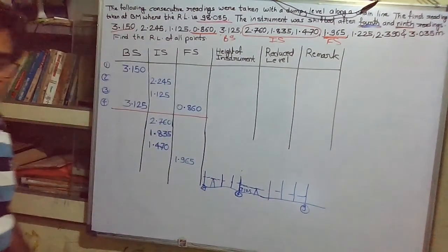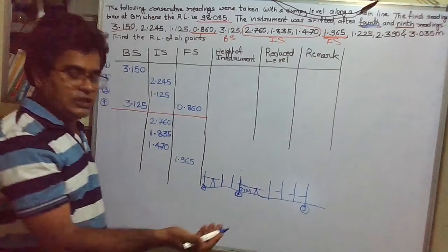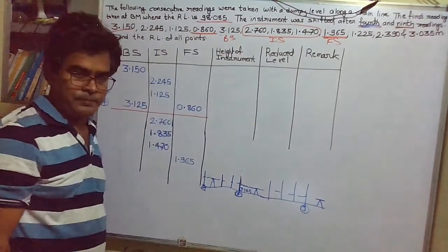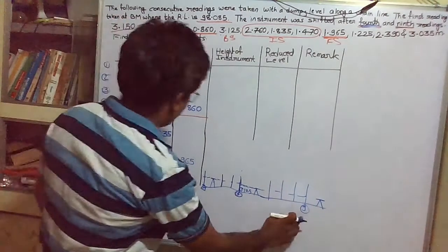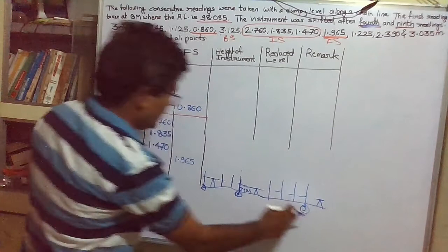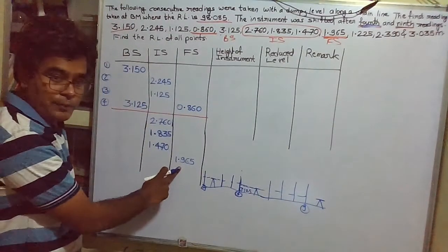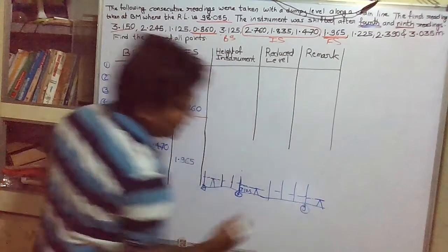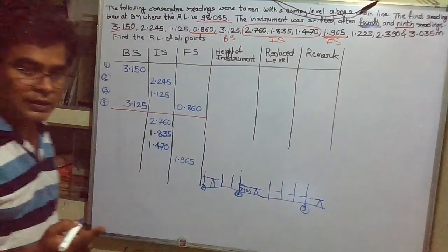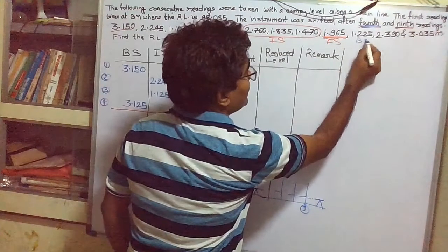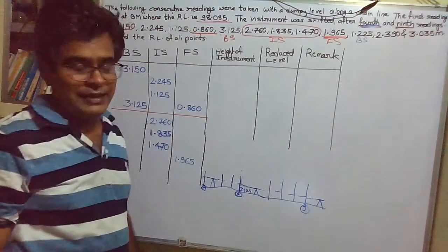After the ninth reading the instrument is shifted again, so the instrument has been kept over a new position. So the ninth reading we have taken, we have written it on the foresight side, and after the ninth reading, whatever reading comes, we can write it in the same row as a backside reading.